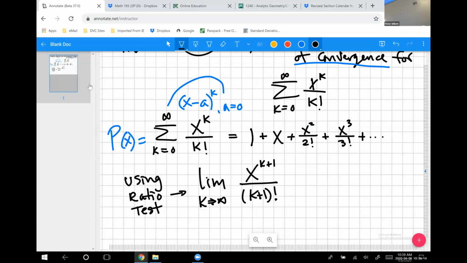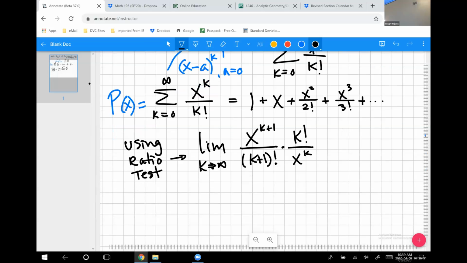That's the k plus 1th term, divided by the kth term, which when reciprocated would be k factorial over x to the k. So this should look exactly like what we were doing if there was a 2 plugged in there and we had a specific series. But now we don't have a 2, we have an x.